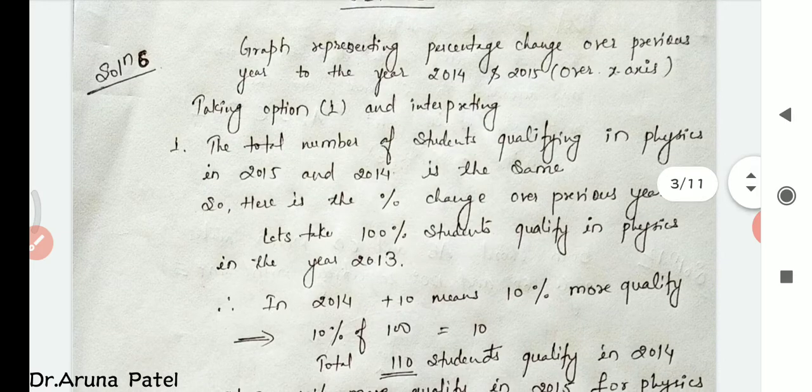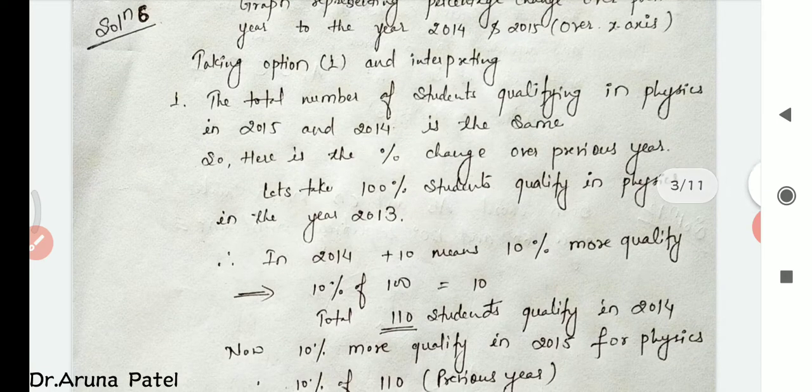Now it is given that in 2014 it is plus 10, which means 10% more qualified students over the last year. So 10% of 100 is 10. Now in 2014, how many students are qualifying? Plus 10 over the last year, so you add 100 plus 10 and you get 110 students qualifying in 2014.